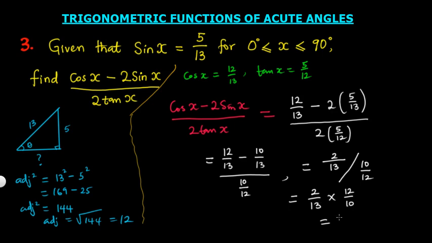So that will give us 12 divided by 5 times 13. So 5 times 13 is 65. Hence, we can say the answer to this problem is equal to 12 divided by 65.